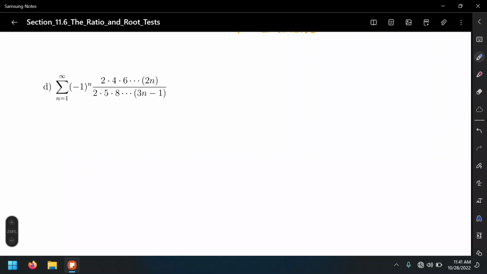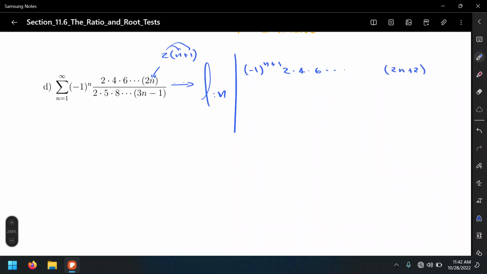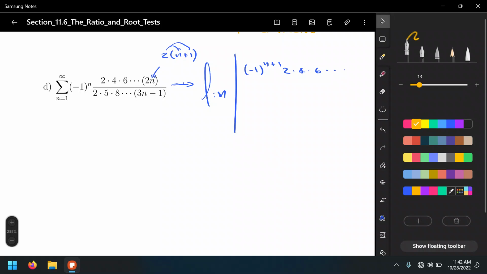So this will be the limit of negative 1 to the n plus 1, 2, 4, 6. This 2n will get shifted to 2n plus 1, and when we distribute this n plus 1, isn't that going to become 2n plus 2? But be careful, check this out. I'm going to leave a space here: 2n plus 2, and a couple of question marks.